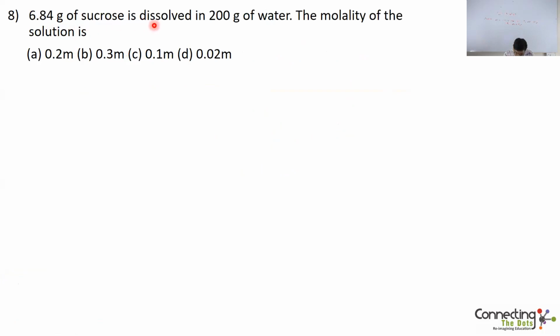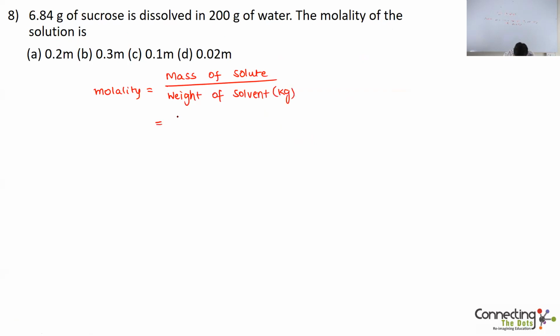6.84 grams of sucrose is dissolved in 200 grams of water. The molality of the solution is. So to calculate molality, we should know the formula. So molality is nothing but mass of solute by weight of solvent in kg, in kilogram.